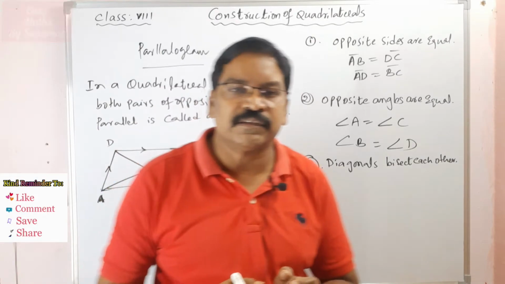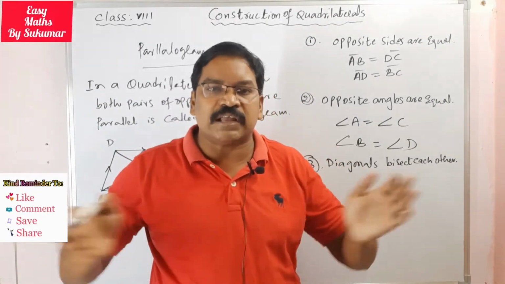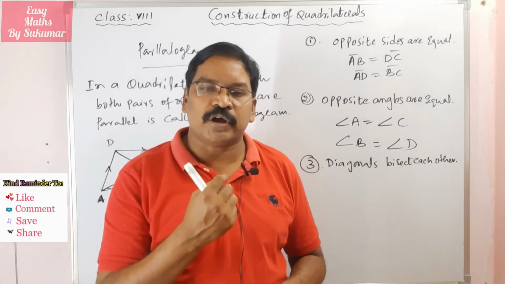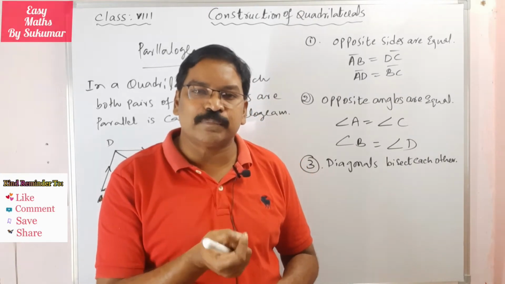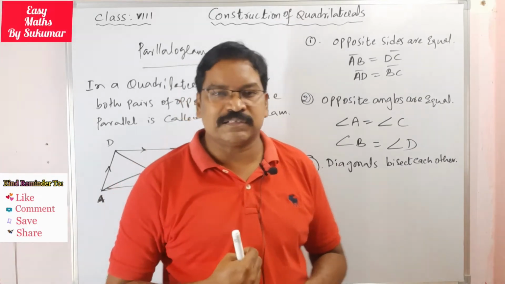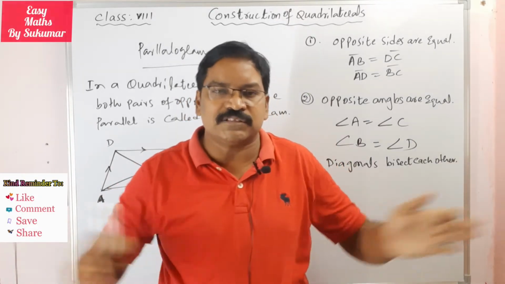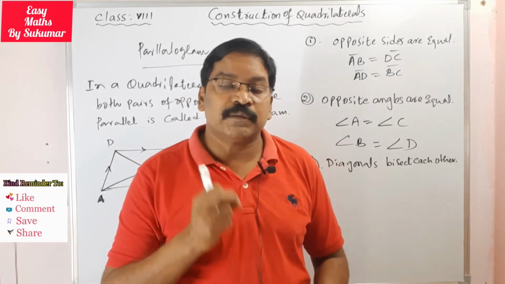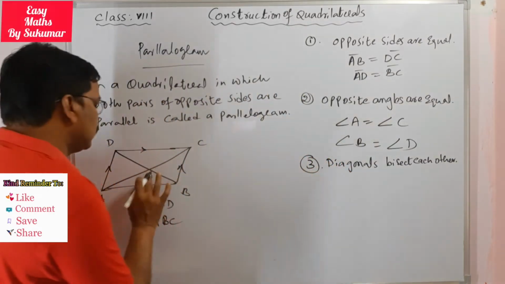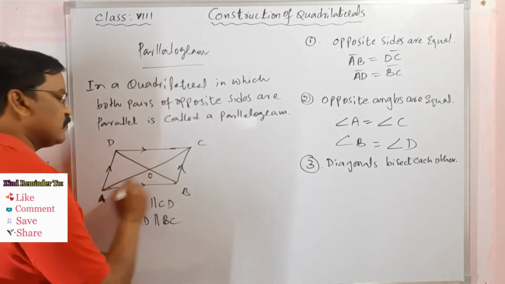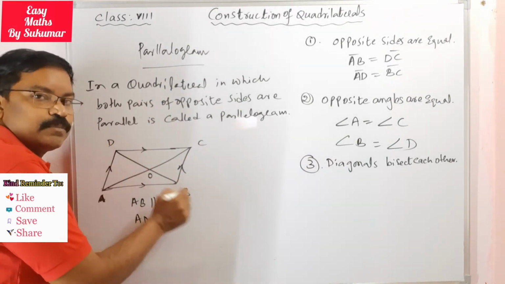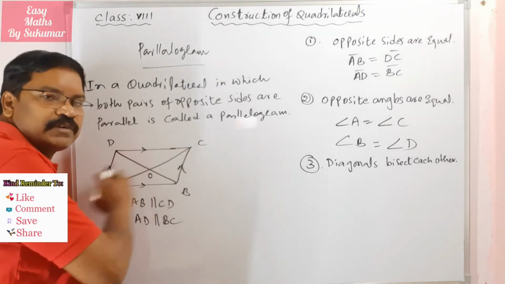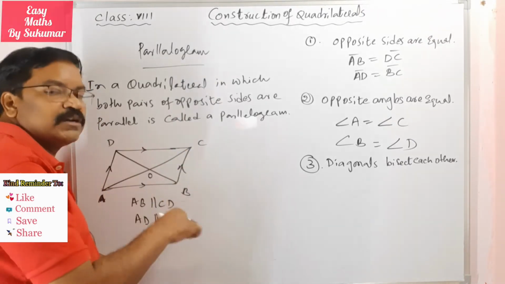Bisecting means a point divides the line segment into two equal parts, or a line divides the line segment into two equal parts. That means here O is the midpoint of AC and O is the midpoint of BD.